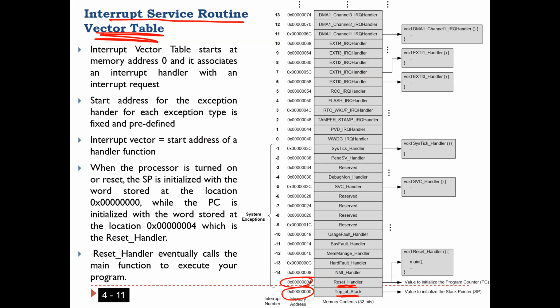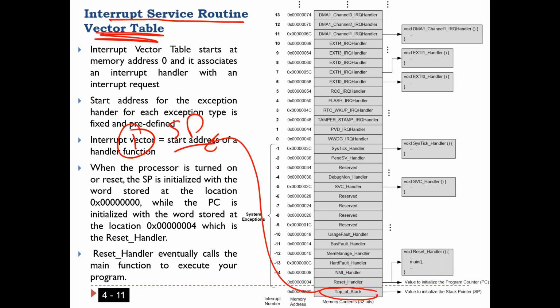I want to tell you how the microprocessor is going to execute your program. In the very beginning, whatever is stored here, the microprocessor is going to put it in the stack pointer automatically. So every time you reset your processor, how does the processor start executing your program? The hardware is designed this way. Every time you do reset, whatever is stored in location 000 is going to go to the stack pointer. That's number 1.